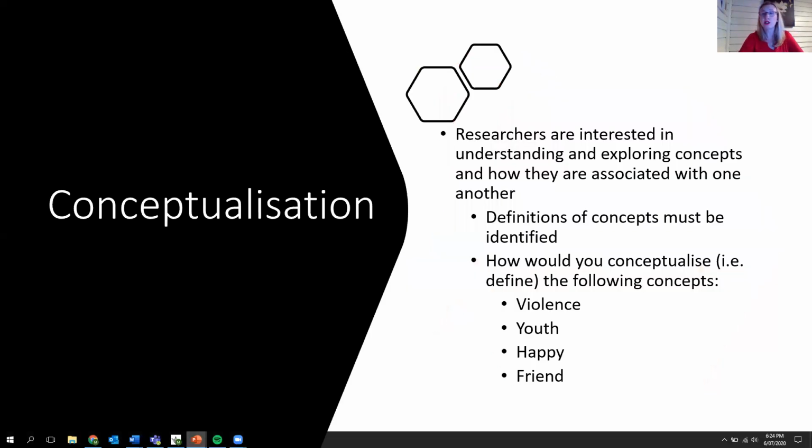And we call that process conceptualization. So we're taking a concept that we have in our minds, contact with the justice system, history of mental illness, and we have to really provide a concrete definition of what that concept means to us, or more essentially, what that concept means to a research study.